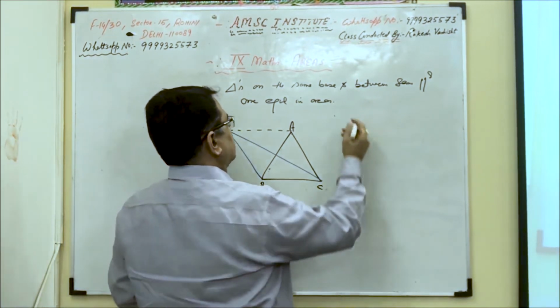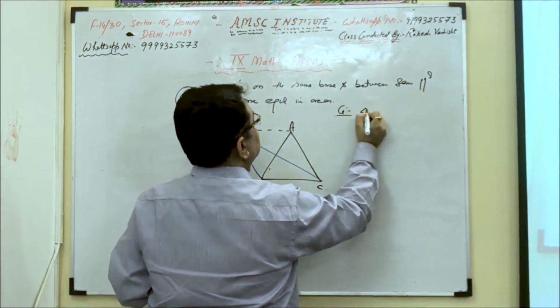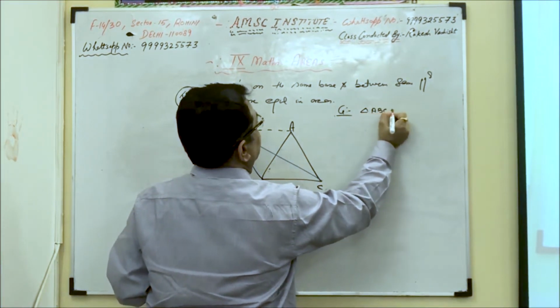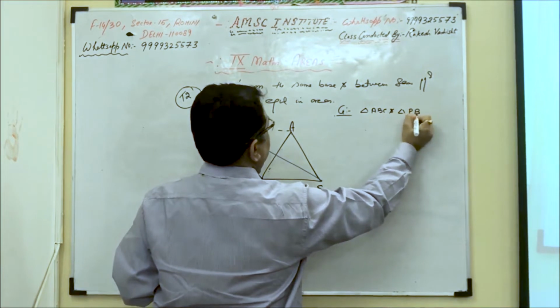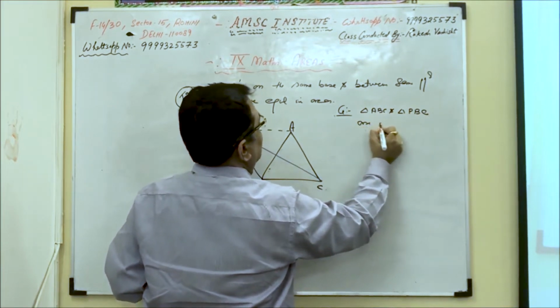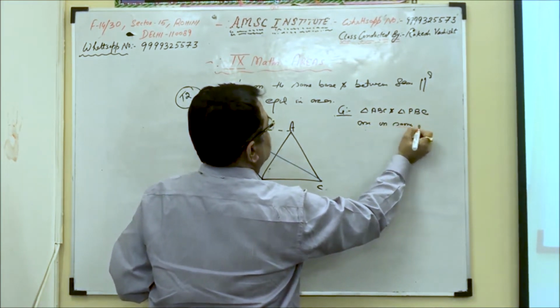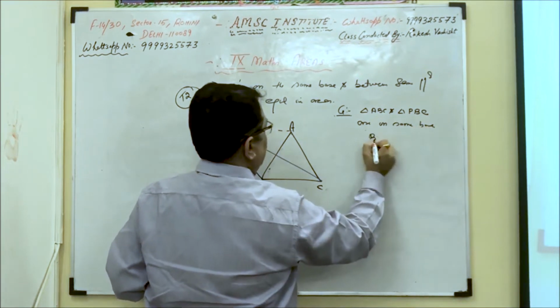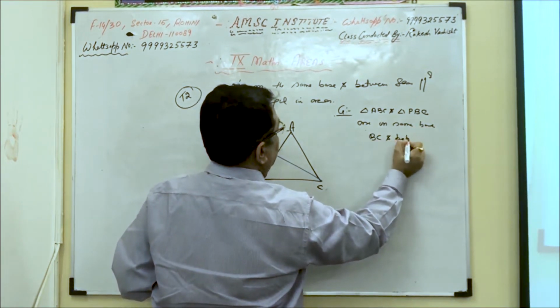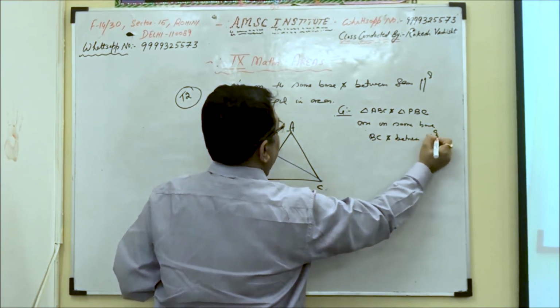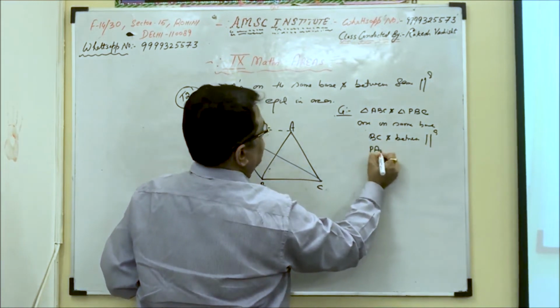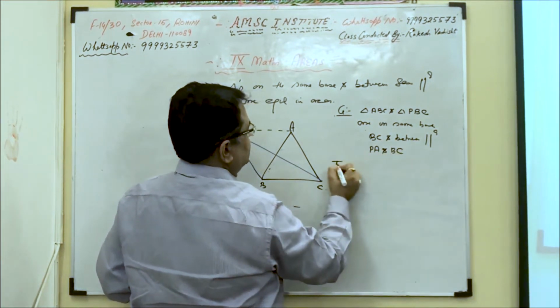तो given क्या हुआ यहाँ पर? Triangle ABC and triangle PBC are on same base BC and between parallels PA and BC.